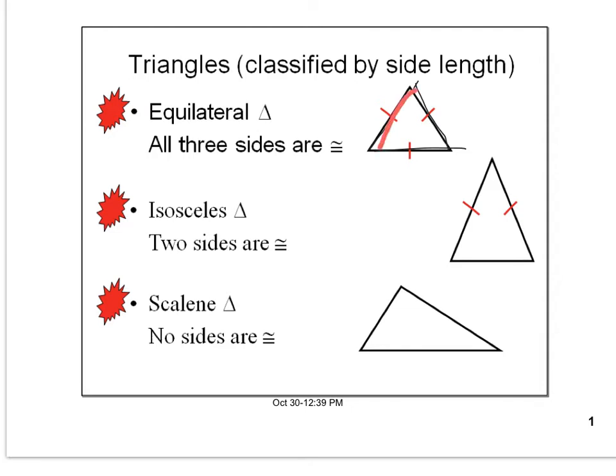Okay, so these three sides right here, if they happen to all be the same, and they are here, when you have three sides that are equal or congruent, then that triangle is called equilateral, just like equal means same. Isosceles is when two sides are the same or two sides are congruent, and scalene is where no sides are the same.